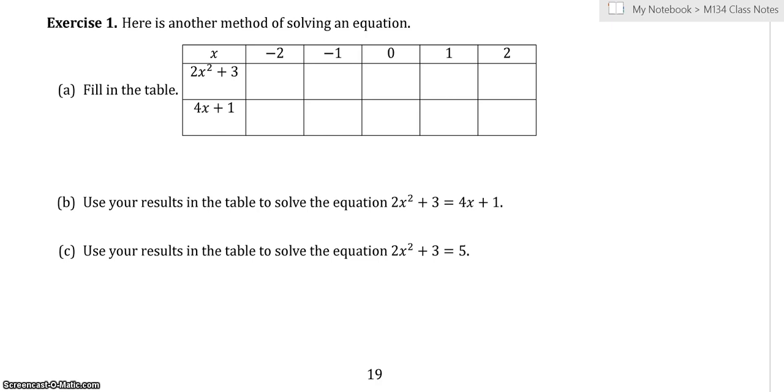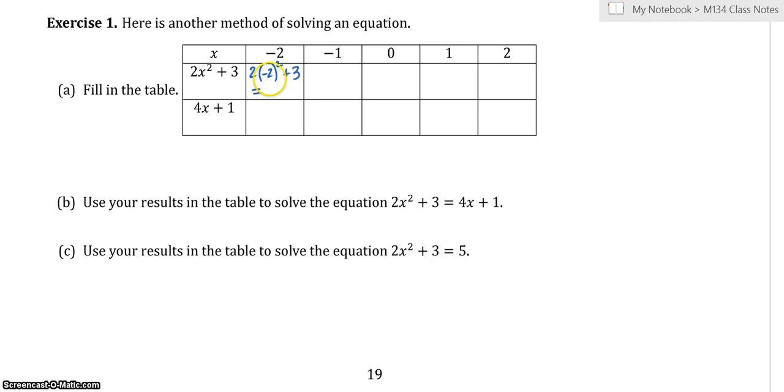But if you think you know how to do it, you can go ahead and pause. So what I'm going to do is plug in what they're asking here. It says fill in the table. So I'm going to plug in a negative 2 for each expression. So the first one is negative 2 squared plus 3, which by the way is 4.